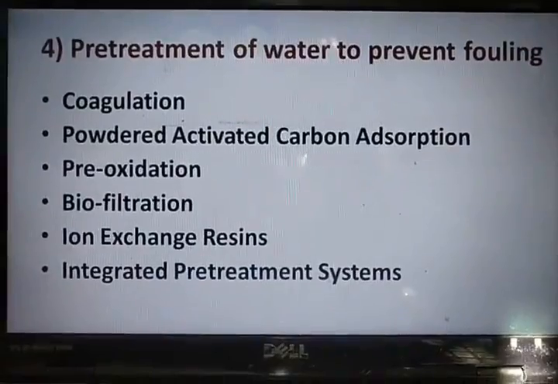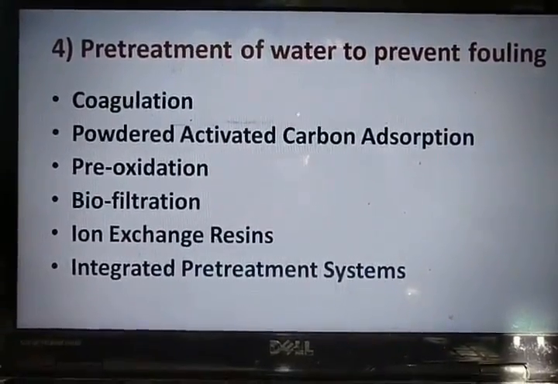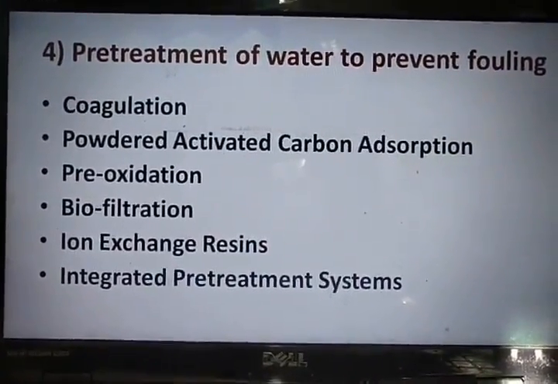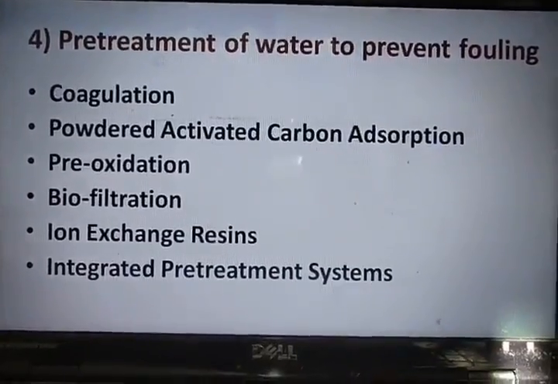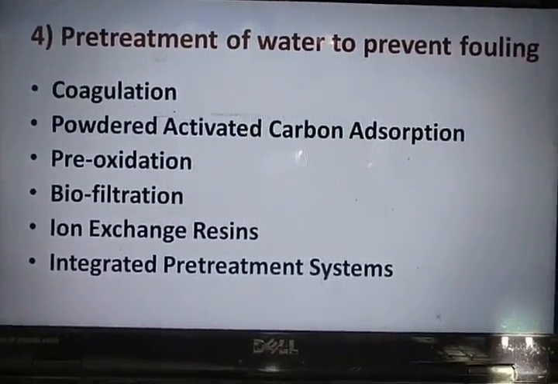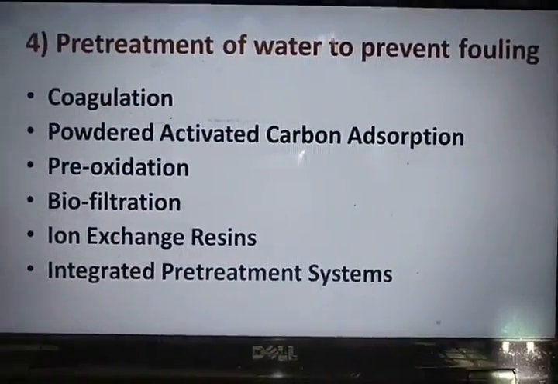Then pre-treatment of water to prevent the fouling. Okay, so there are many pre-treatment technologies available in the prevention of the membrane fouling.